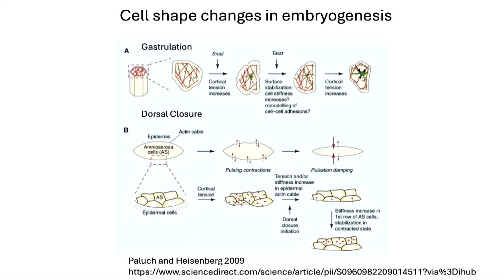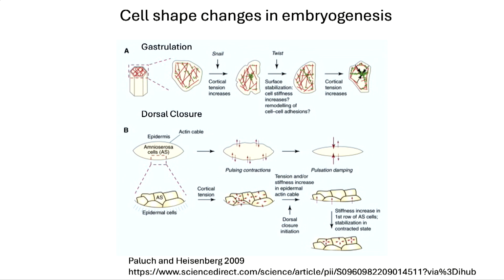Okay, so coming back to the shape change, today we'll look more at the shape change which occurs in gastrulation. But one could imagine shape change of these epithelial-like layers in any process. Another one which hopefully Maitri will come and talk about next week is dorsal closure.